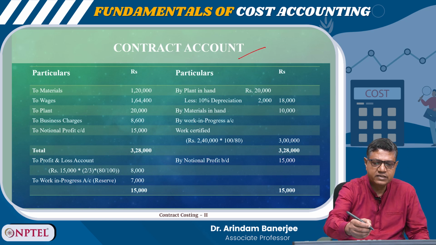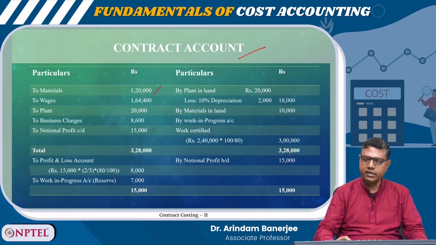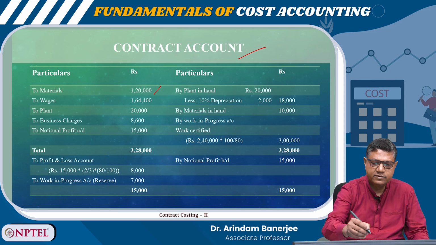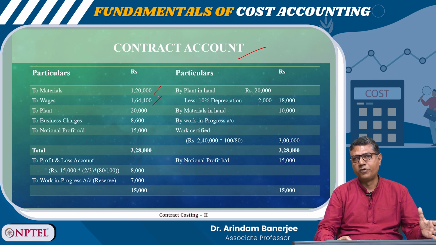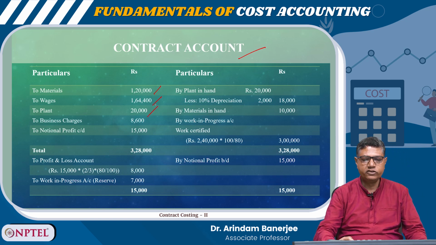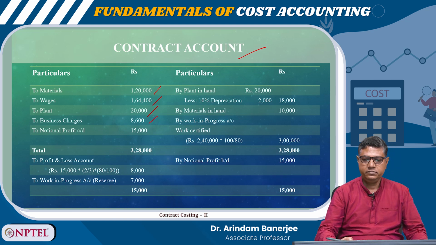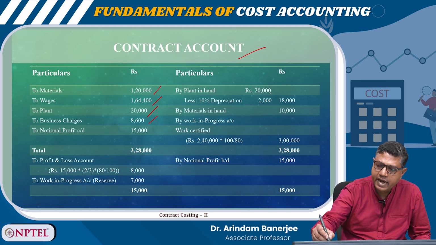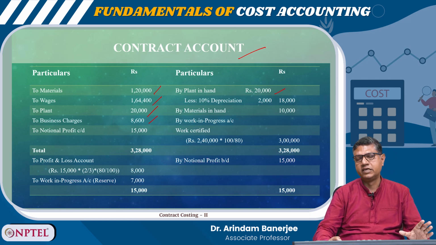On the left hand side, the materials are taken 1,20,000 and wages 1,64,400. These figures are given in the problem. Plant 20,000, business charges 8,600, and here the plant in hand is given 20,000 in the question, and 10% is the depreciation rate.